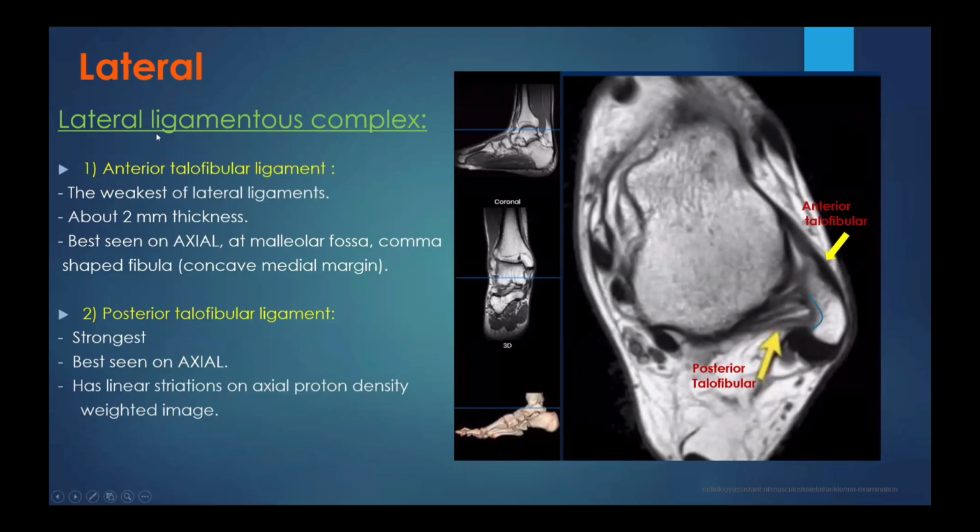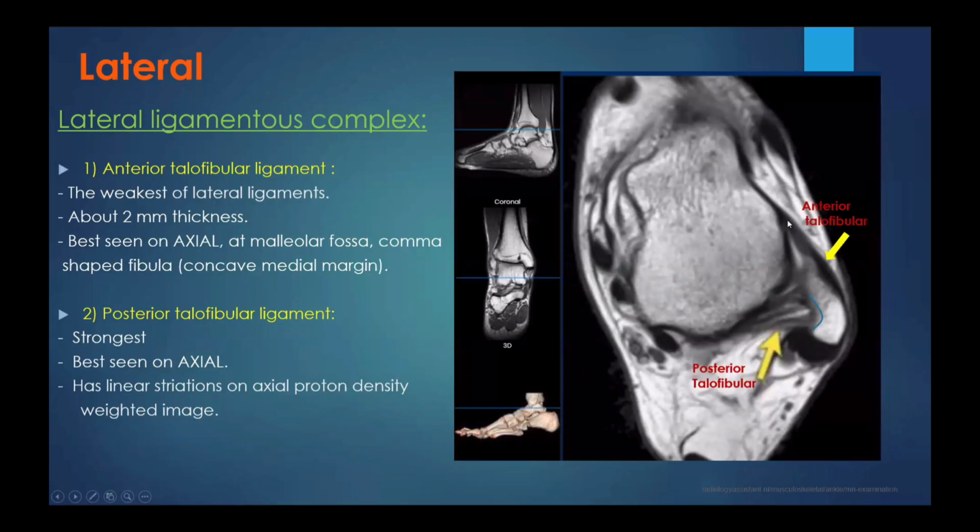Regarding the lateral ligamentous complex, the anterior and posterior talofibular ligaments are usually best visualized on axial images and best seen at the malleolar fossa. The malleolar fossa is where the fibula looks like a comma shape with a concave medial margin on the axial plane.